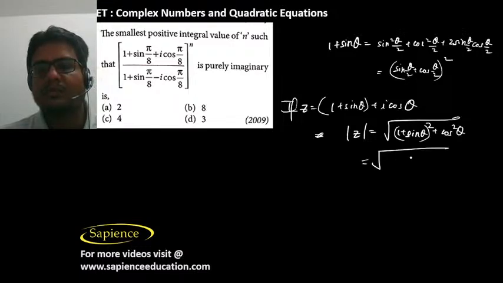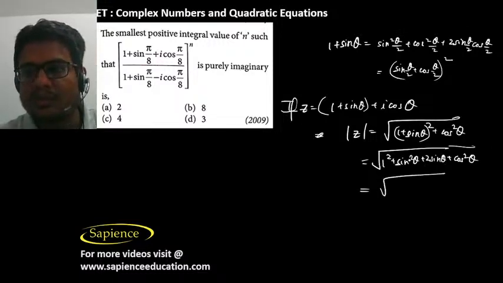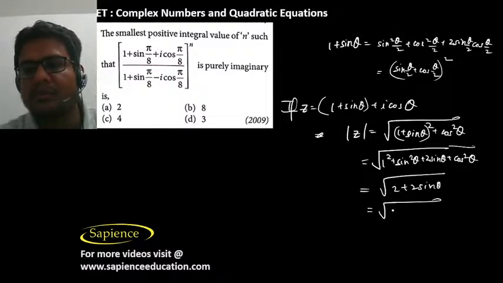So that will be the square root of 1 square plus sine square theta plus 2 sine theta plus cos square theta. Sine square theta plus cos square theta is 1, so this is 2 plus 2 sine theta. So this will be the square root of 2 into (1 plus sine theta).